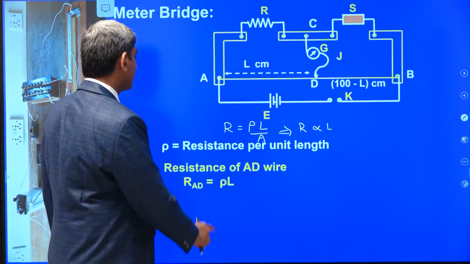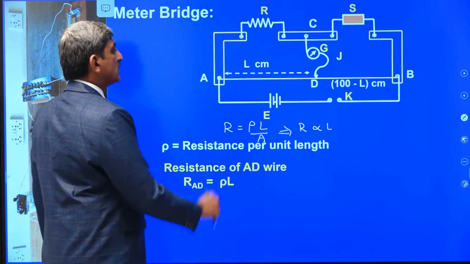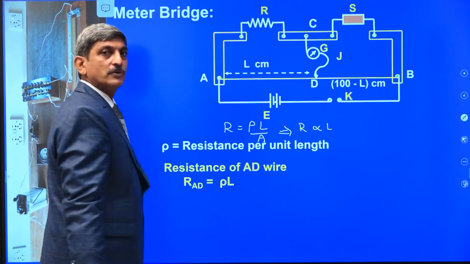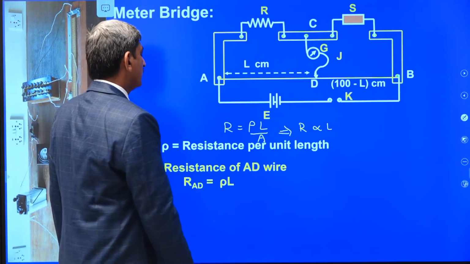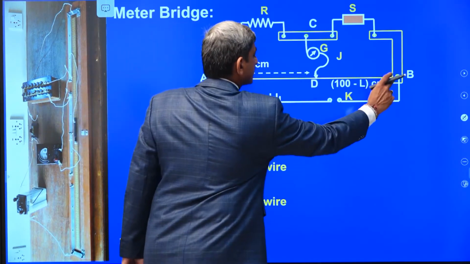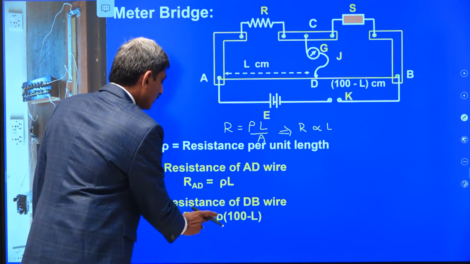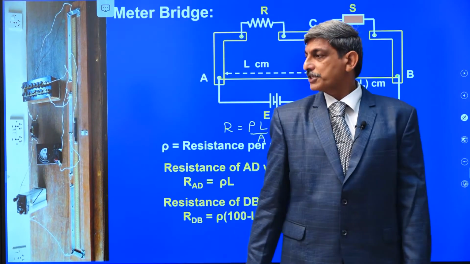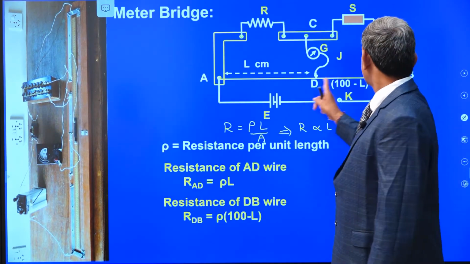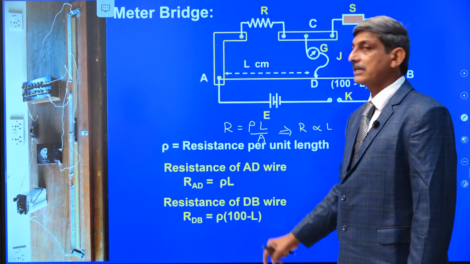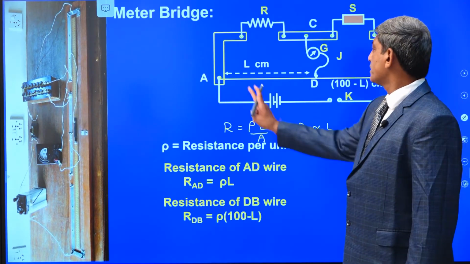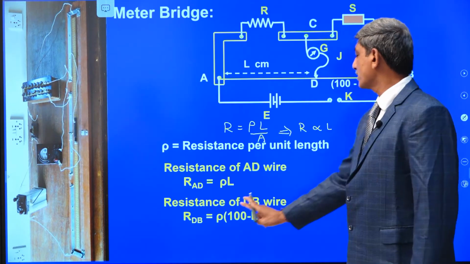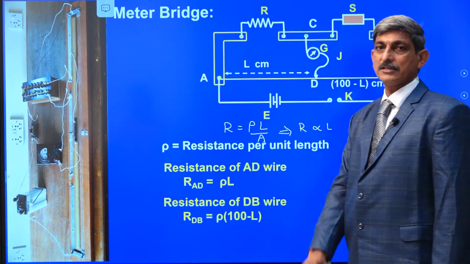That resistance is given by rho L. So the resistance of the AD portion is given by RAD is equal to rho L. Now, the resistance of this DB portion is given by rho into 100 minus L. For the AD portion the length is L, and for the DB portion the length is 100 minus L. That's why the resistance of the AD portion is rho L and the resistance of the DB portion is rho into 100 minus L.